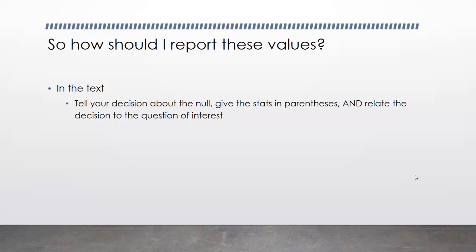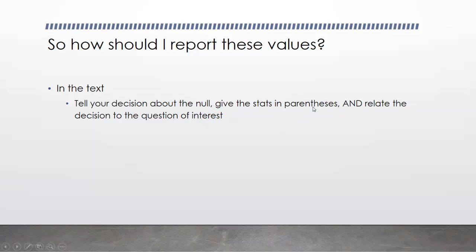And so now that you have these numbers, how are you going to report them? In the text, there is kind of a standard formula I want you to use for reporting these values. First, tell us the decision about the null. Do you reject the null or fail to reject the null? Give all those stats in the parentheses. So the test stat, the degrees of freedom, the p-value, give those in parentheses.